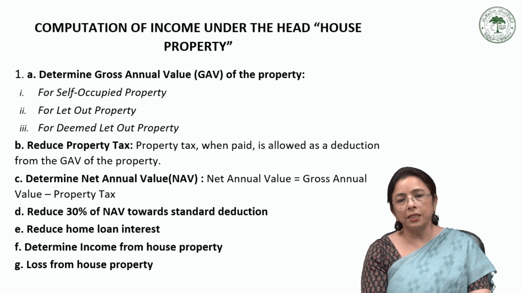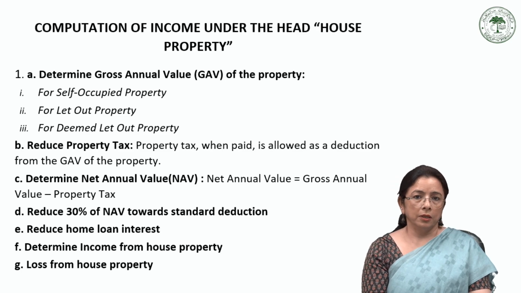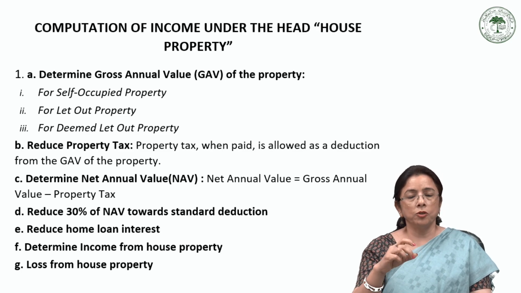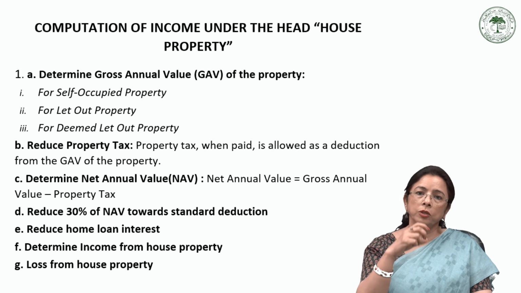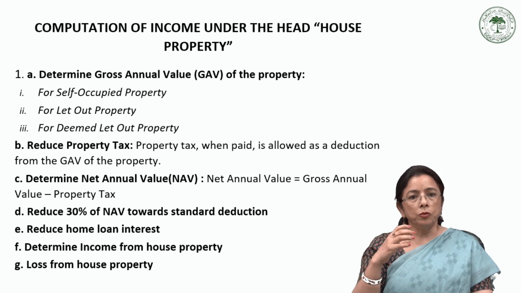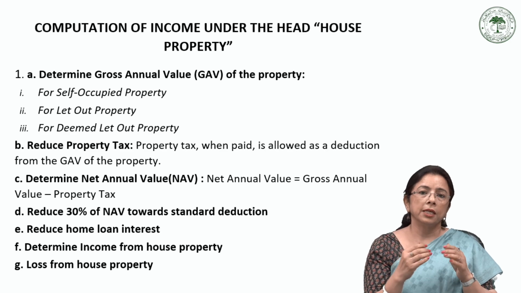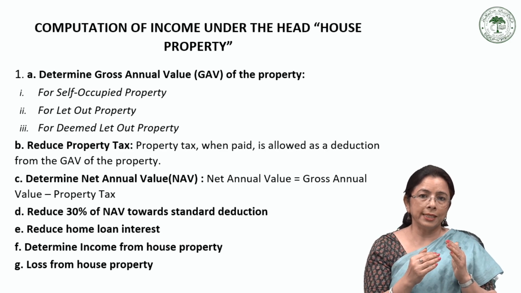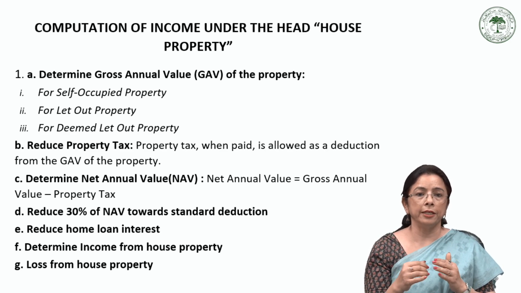After understanding the basics about the income from house property, basics meaning what will be considered as property and so on, now we move on to the next part, that is, what are the steps to compute the income from house property.